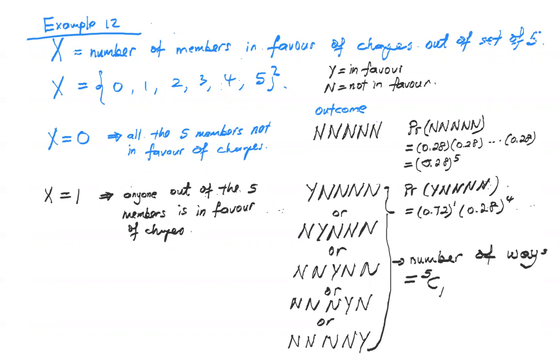So there are all together 5 different ways of doing this. So to find the probability of x equal to 1, we write down the number of ways, then the probability for each way.